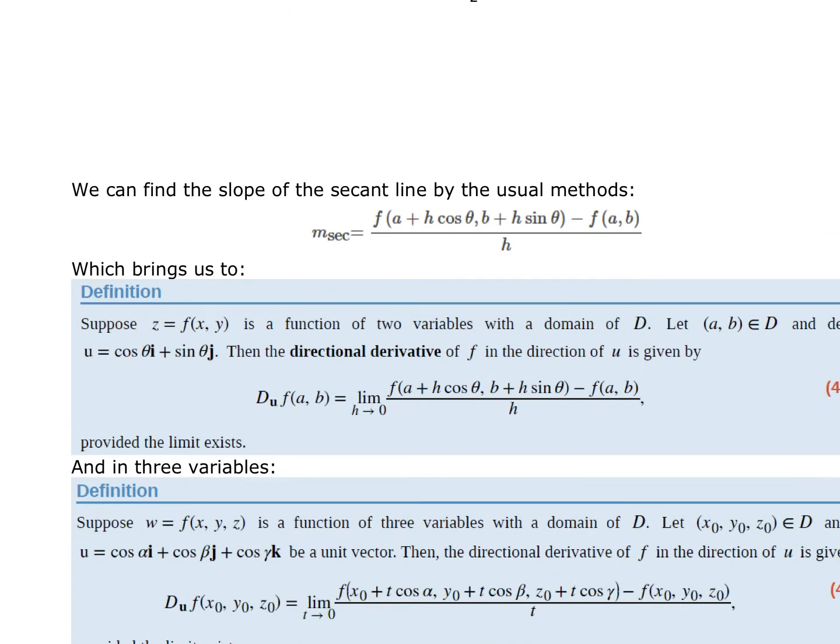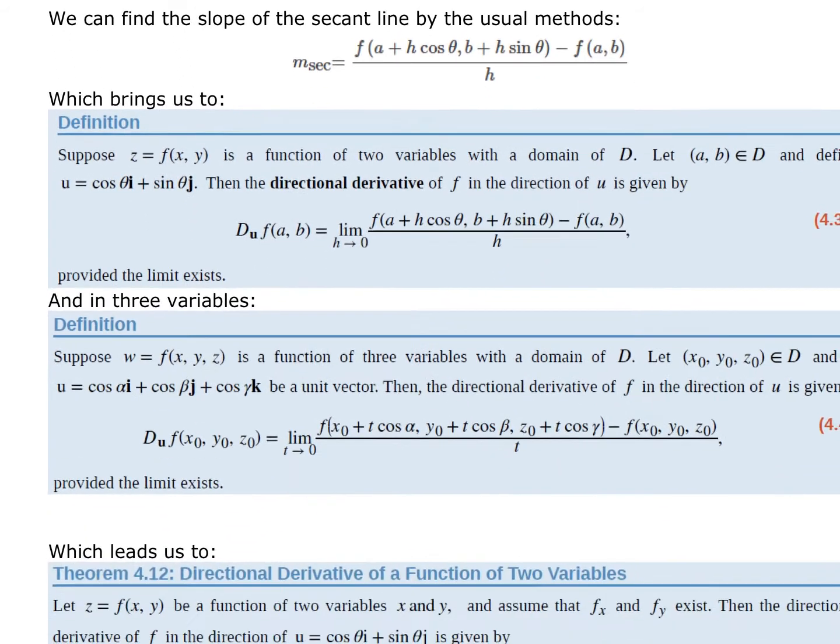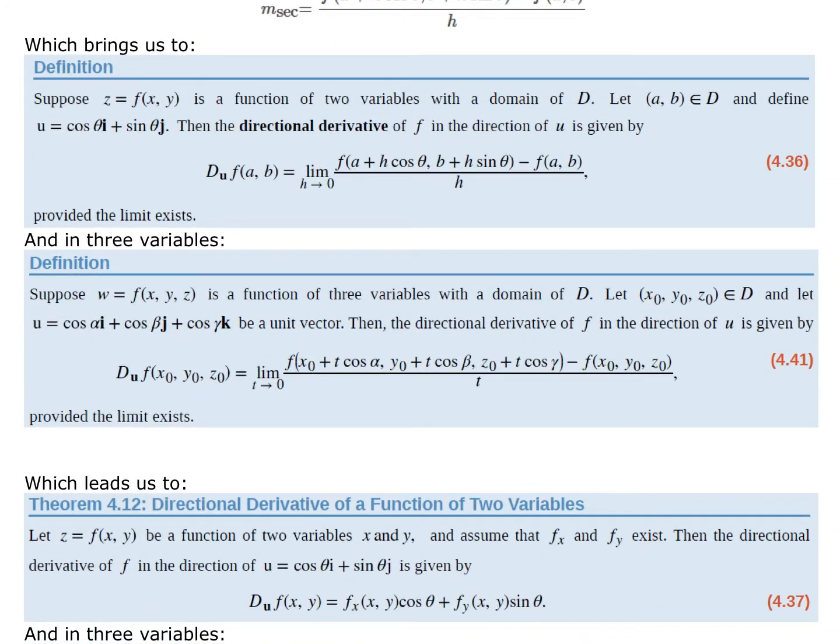Of course, we then talk about the secant line, which in 2-space is f of x plus h minus f of x all over h, which then means we can take the limit of that. And we call this the directional derivative of f in the direction of u. That's the direction we want to go, and this is in terms of my angle off of my positive x-axis.